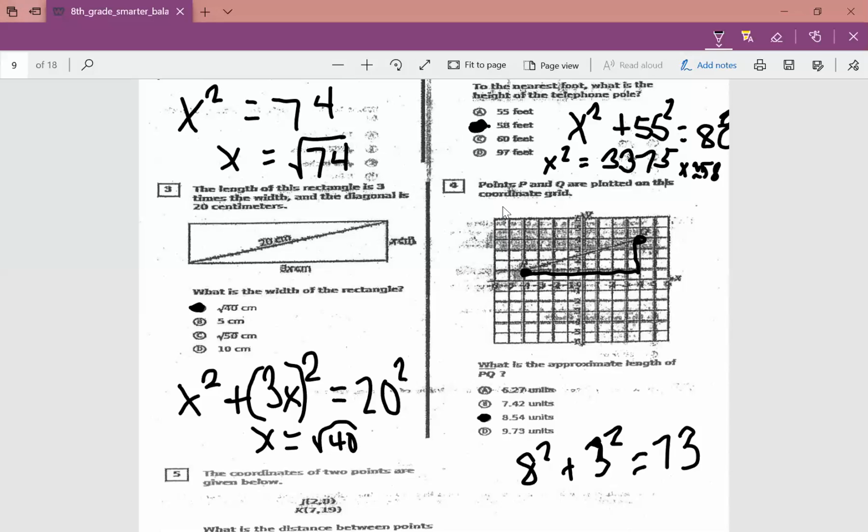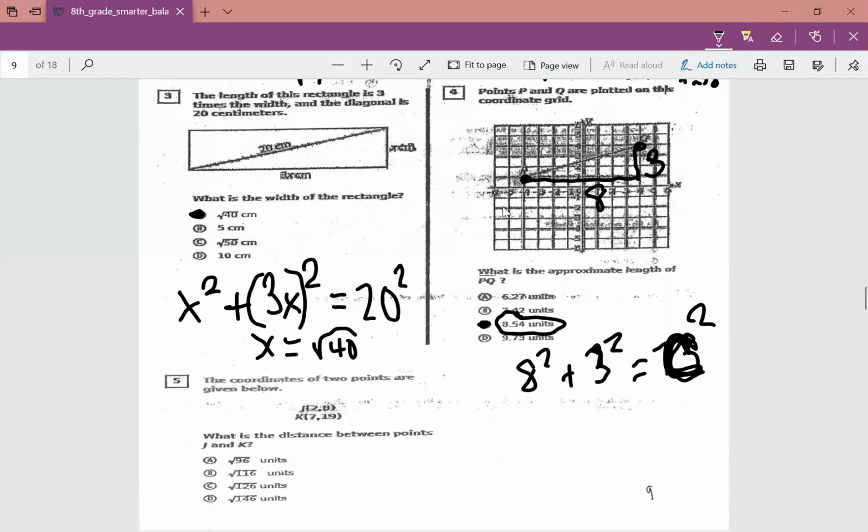But basically, you're looking for 1, 2, 3, and then 1, 2, 3, 4, 5, 6, 7, 8. So how many boxes over? That's 8 by 3. So 8 squared plus 3 squared equals c squared. Then you solve that out, and your final answer comes out to be this one right here.